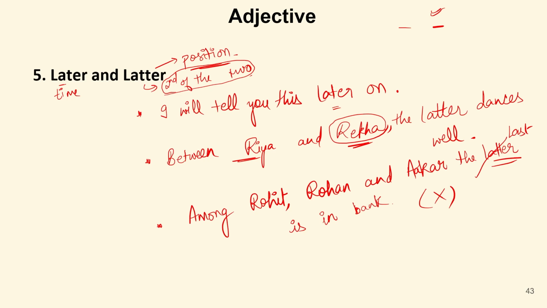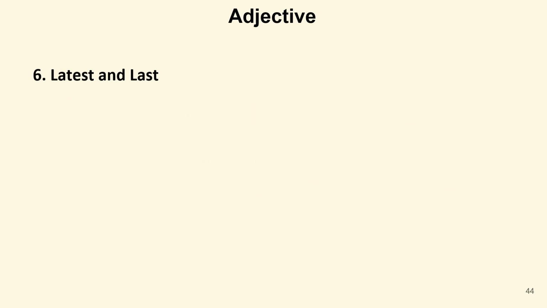So among Rohit, Rohan, and Akar, the last is in the bank. So latter is used only for two persons. When we are talking about two persons only, we use latter. So this is the difference between later and latter. Later shows time, whereas latter shows position.